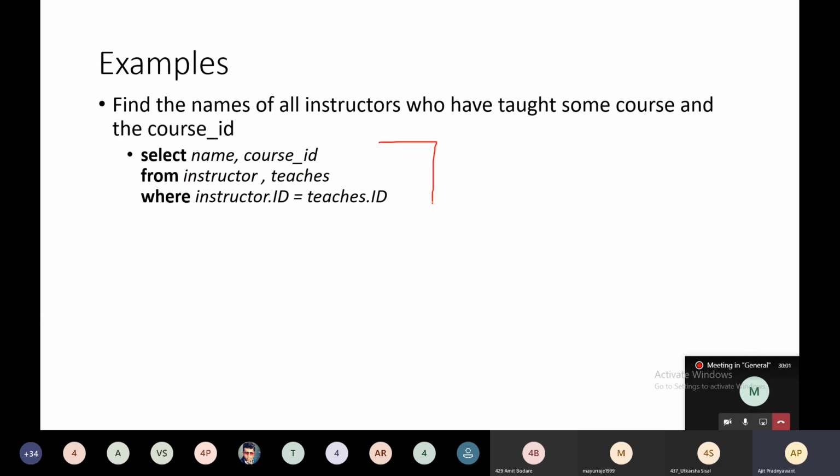The Cartesian product is formed and it will retrieve the name of the instructor and the course ID taught by that instructor. This is how you have to query over the database to get the result of this query statement.